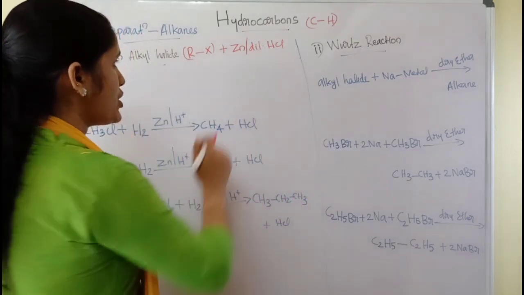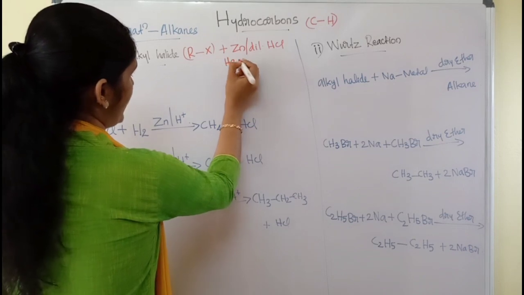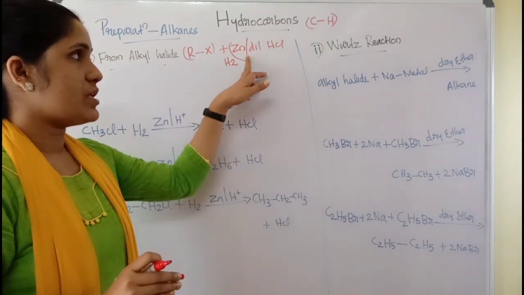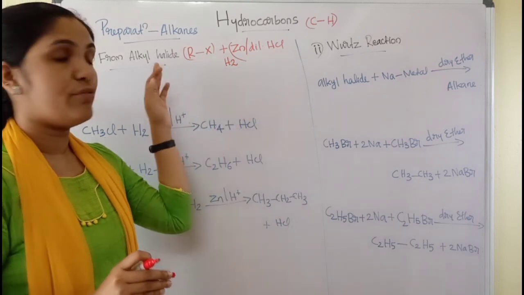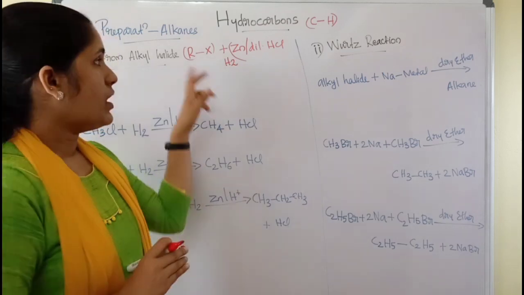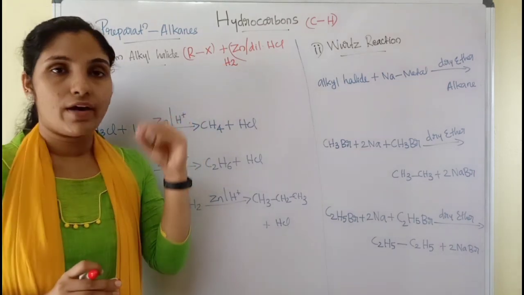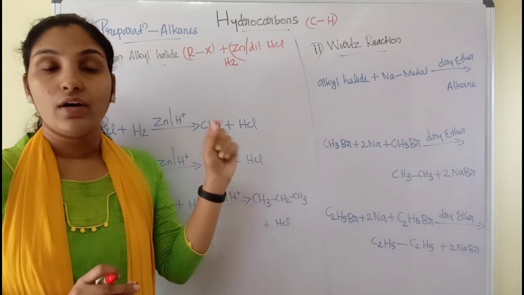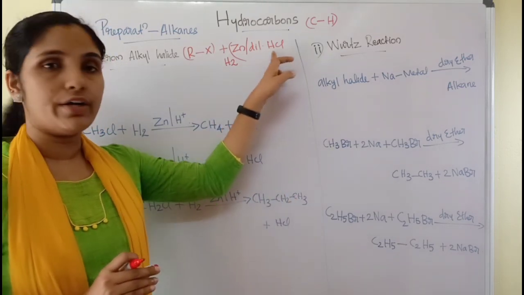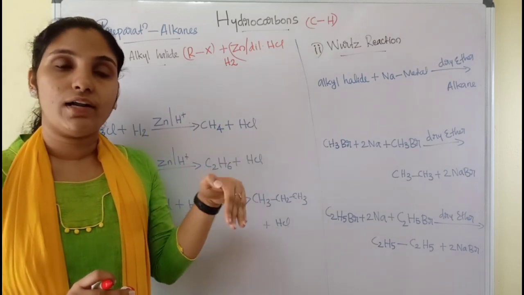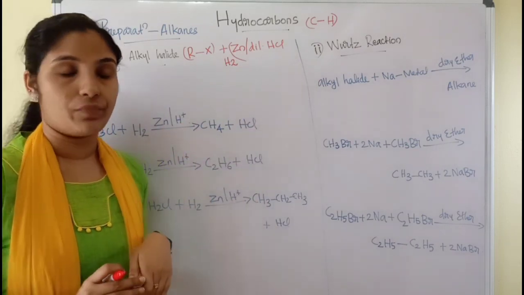By addition of dihydrogen to the alkyl halide in presence of zinc and dilute HCl, we will get the corresponding alkane. And this works for all alkyl halides except fluorine. Alkyl fluorides do not react with hydrogen in presence of zinc and dilute HCl. So except fluorine, all other alkyl halides will give this reaction.